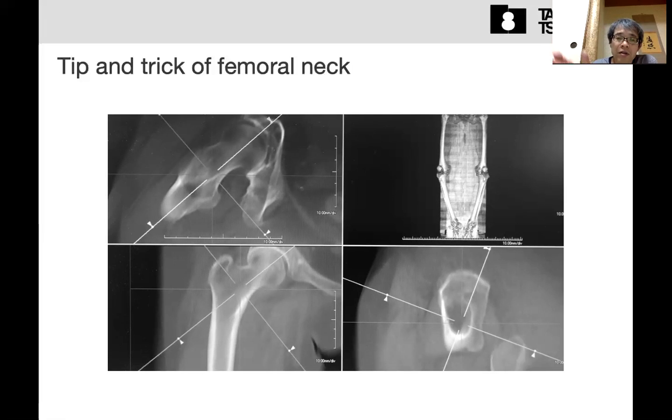So you should remember the cross section of the femoral neck is triangular. The posterior is vertical. The superior is horizontal. The anterior is oblique. Just a right triangle.